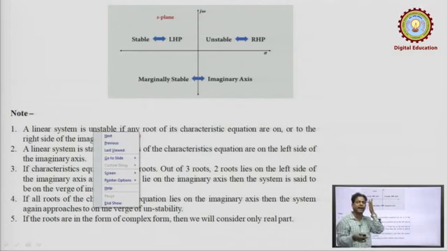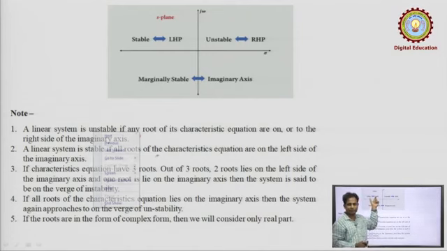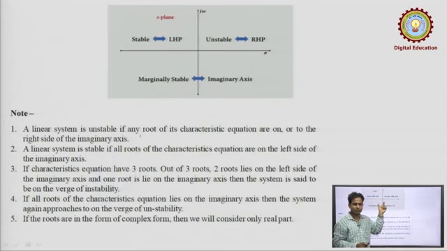If you have n number of roots, say 3 roots: if all 3 roots lie in the left hand side, your system is stable. If all 3 roots lie in the right hand side, your system is unstable.